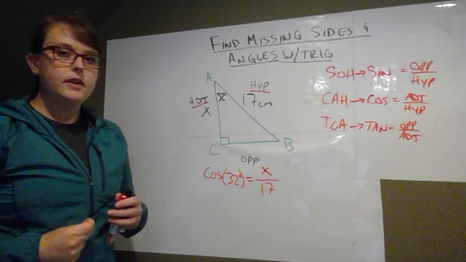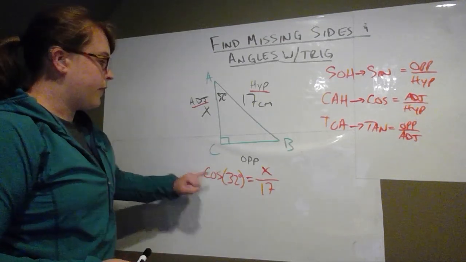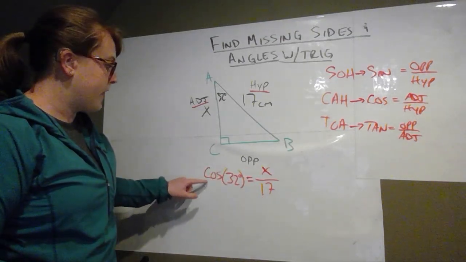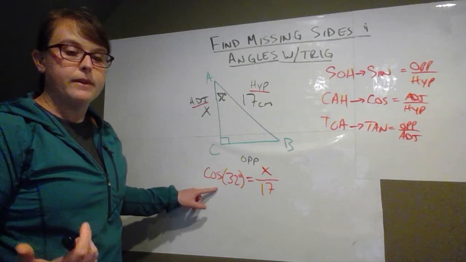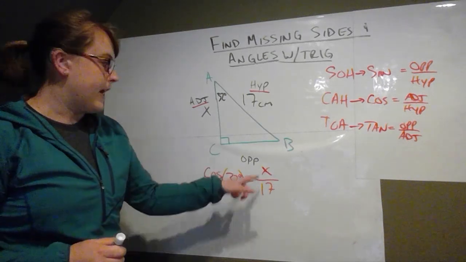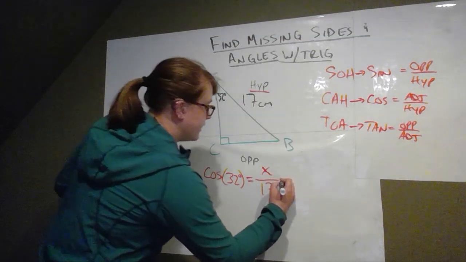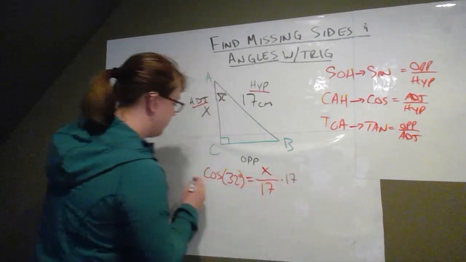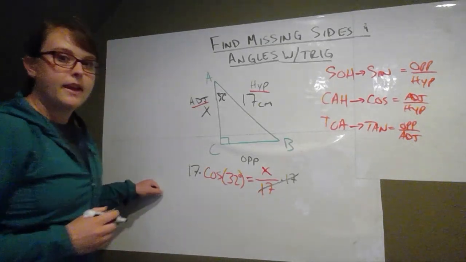Now I want to solve this equation for x. And remember, I can type cosine of 32 into a calculator, and it will give me a number. Since it's x divided by 17, all I need to do to get x by itself is multiply by 17 on both sides. So my 17s cancel out.